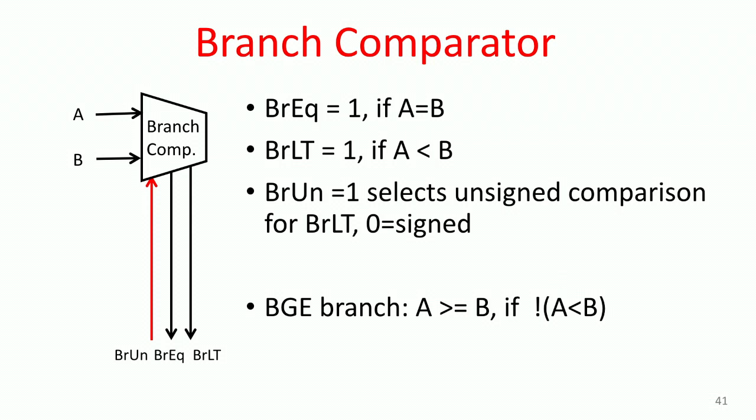And then we have unsigned comparison as well, right? There are some instructions that treat these as signed numbers and some that treat them as unsigned. Now you notice we don't explicitly generate not equal, because not equal is just the complement of this. And we don't explicitly implement greater than or equal, because that's just the complement of less than.